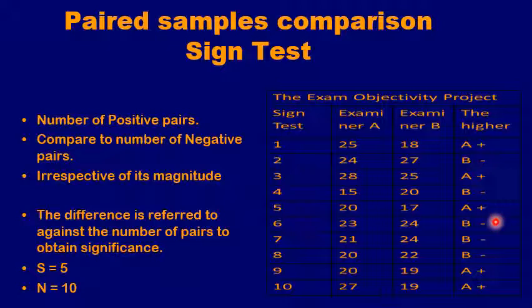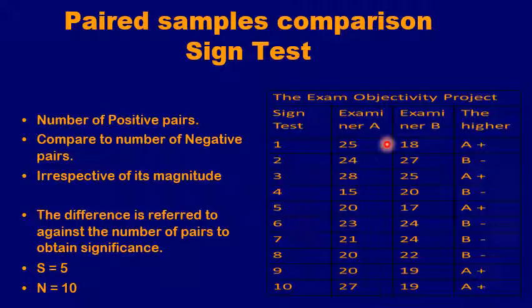That is to say, there is no difference between the two examiners. Whereas we are pretty sure that there is some differences in the magnitude here between the two examiners. The sign test is not able to show that. So the end result is that this is another false negative.